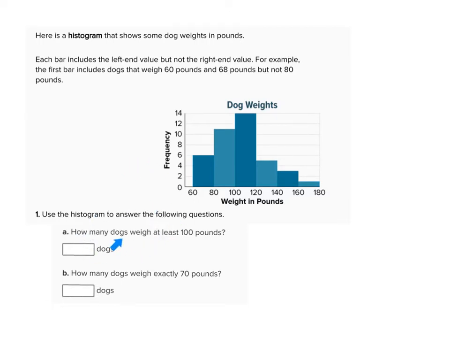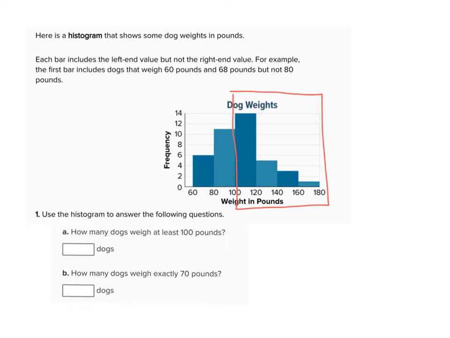How many dogs weigh at least 100 pounds? To answer that, I first need to think about which bars stand for weighing at least 100 pounds. And those would be these bars right here. And that's because my weight has to be 100 pounds or more. So this bar is between 100 and 120, 120 to 140, 140 to 160, 160 to 180. Okay, how tall are those bars?